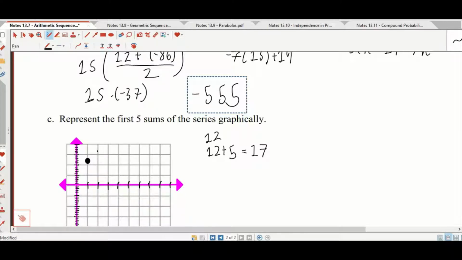Now the third term would be the previous term, 17, plus 5 minus 7, which is negative 2. 17 plus negative 2 is 15. So 3 and 15.